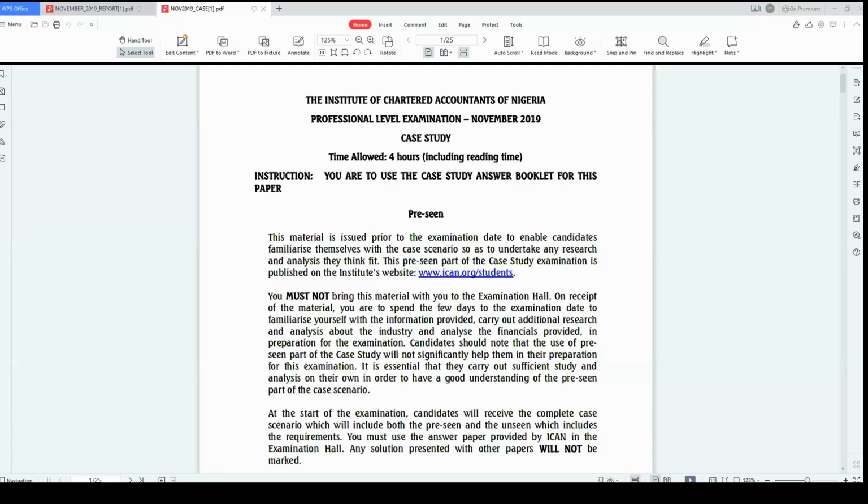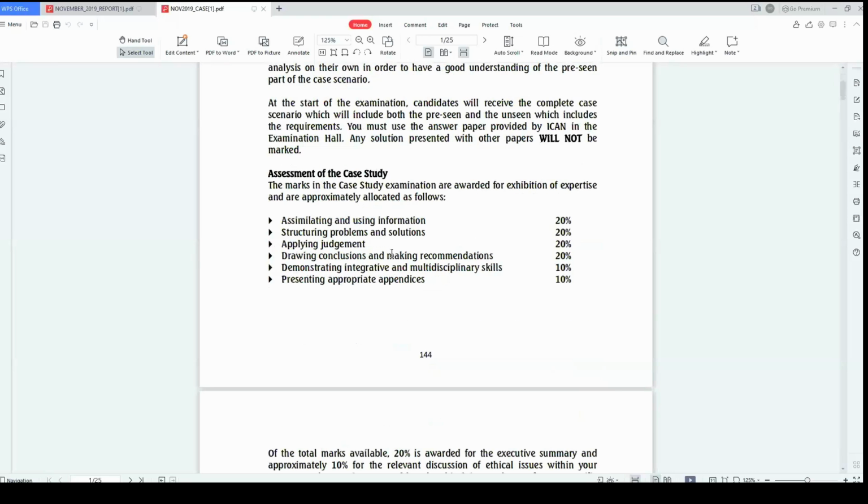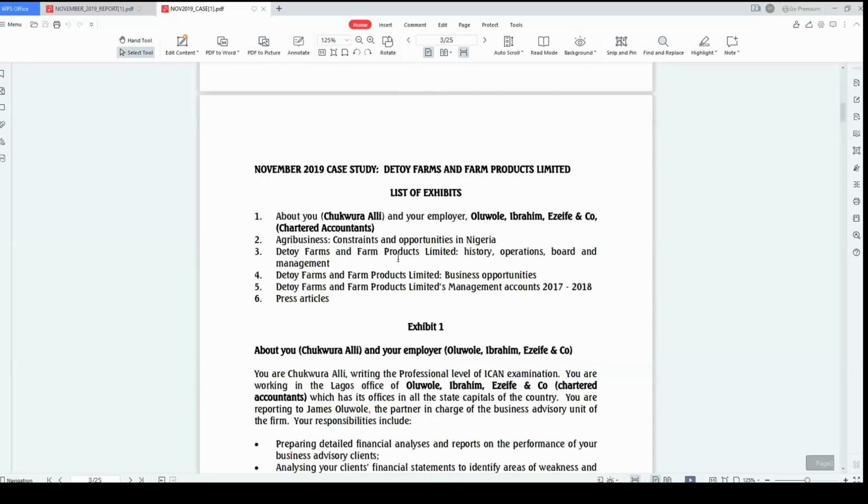So what we are going to do is that we are going to be reading the case, and I'm not the one that will read it, right? So here is the thing: one of you will read, say exhibit one here, right? We are going to start from exhibit one here.